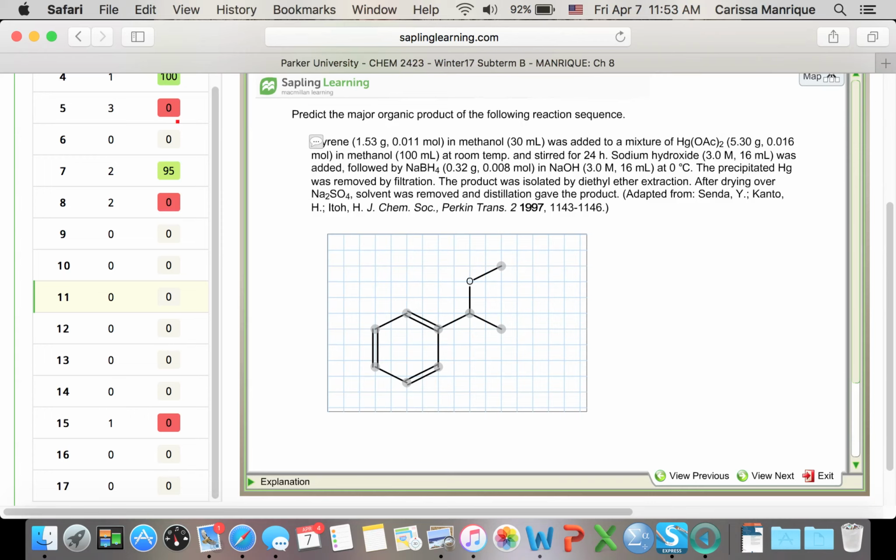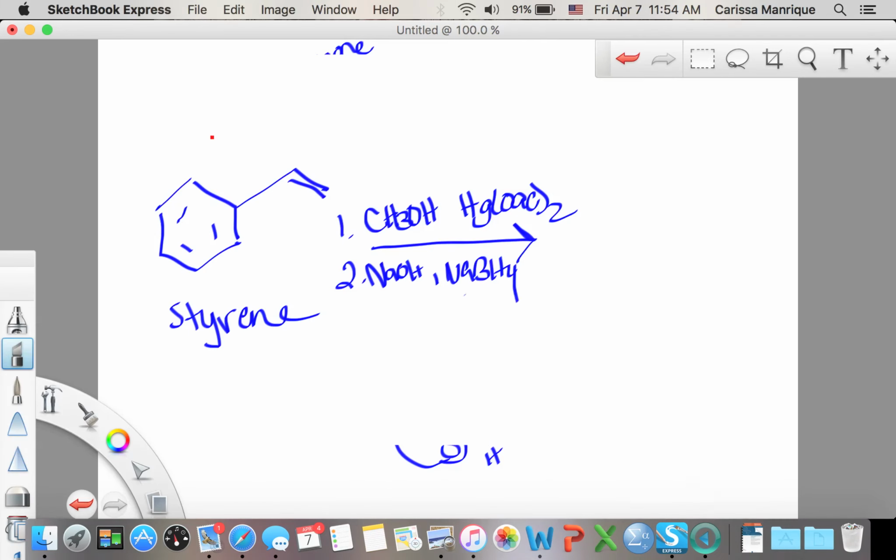This is how it gives you the directions on how to make this, okay? Now, it wants to know what you're going to look at. It doesn't matter how many grams, moles, milliliters, and then how long and the room temperature. For your case, it doesn't matter. What you want to know is what all did they put in there. So you're just finding the reactants, okay, which are what I have written here.